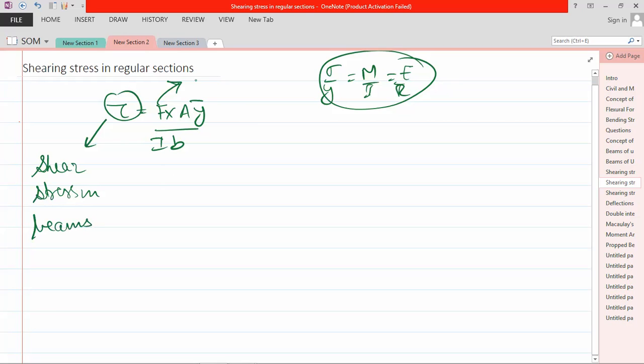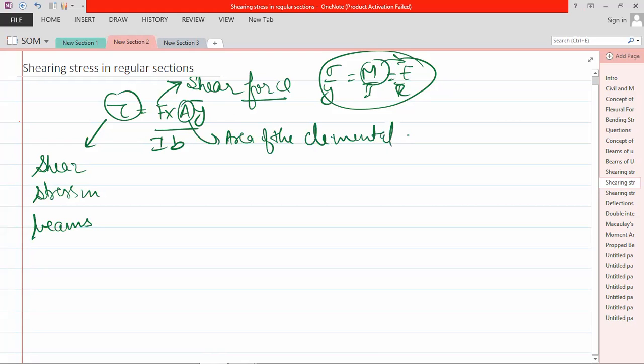This is your shear force at that location. At that location, you obtain the bending moment, and then obtain the shear force. A is the area of the elemental strip which you want to obtain. Y bar is the distance of that elemental strip from the neutral plane.